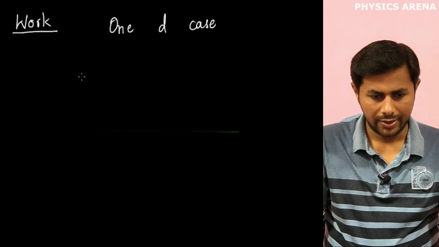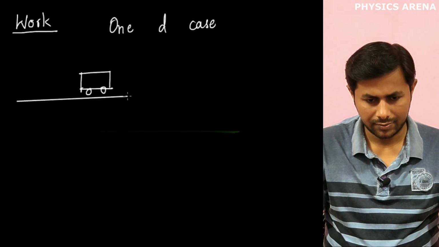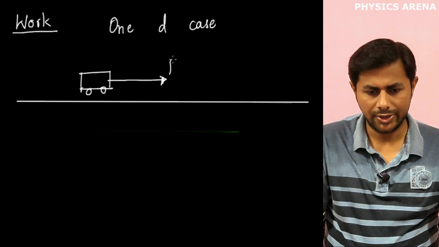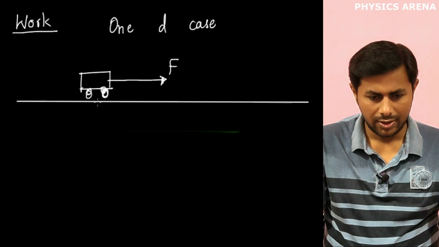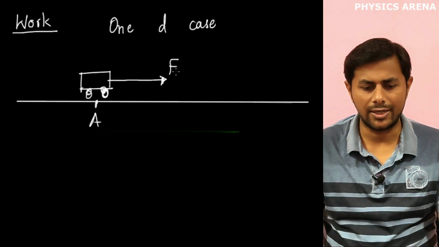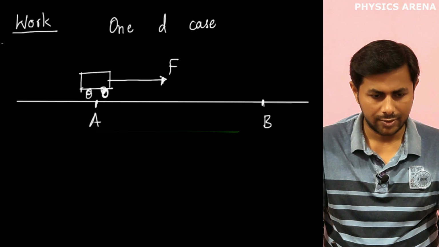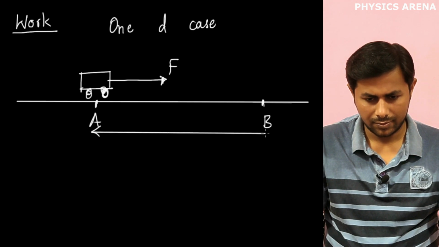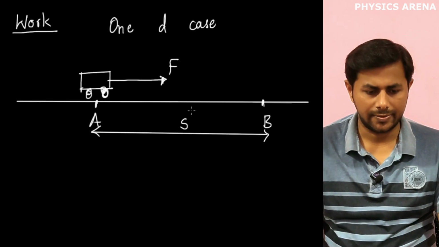Suppose that there is this cart resting on the floor and the cart is pulled with a string with force F. Initially the cart is at this point, let's call it A, and till the time this force F keeps on acting on the cart, suppose it reaches this point, let's call it B. So the displacement of the cart is from A to B, and let's call the displacement as S.